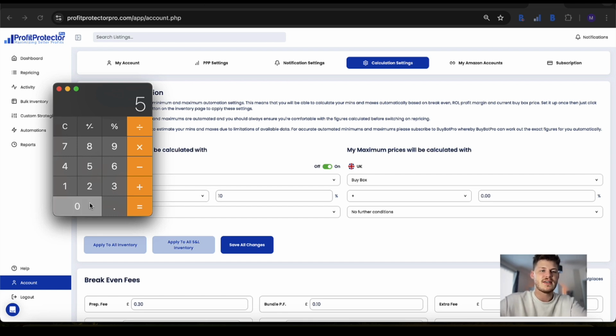So if it was say 50 and we are adding 20%, that's 60, which seems very sensible to me. Let's say the buy box was $9.95 and then we add say 50%, that's $14.92, which to me seems like a reasonable max price.